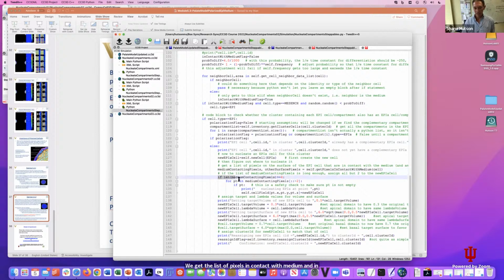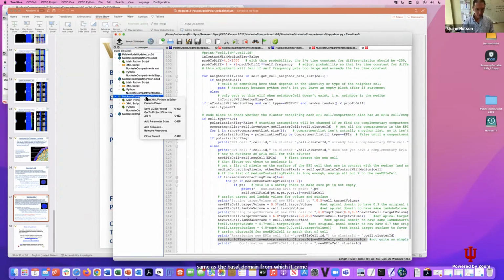In this case, we're going to assign some of the pixels in contact with medium to the new cell. We want the apical cell to differentiate on the outside. Then we set its target volume, lambda volume, target surface, lambda surface. And lastly, make sure its cluster ID gets set to be the same as the basal domain from which it came.